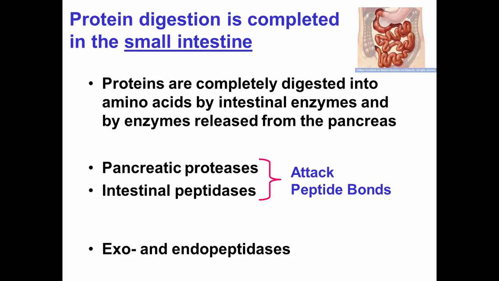Whereas endopeptidases act in the interior of the sequence of amino acids. So we've got the primary sequence, and endopeptidases are typically specific for certain residues, so whenever they see a glutamine or whatever, they'll chop it, rather than just from the end.